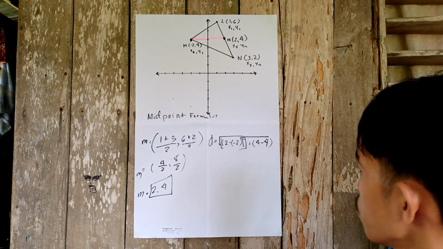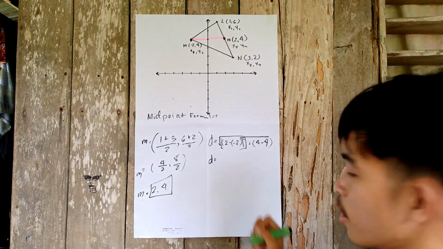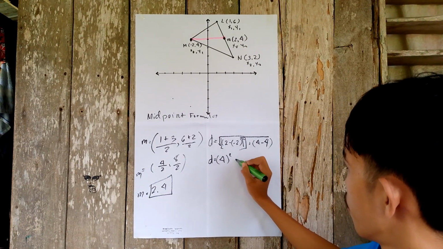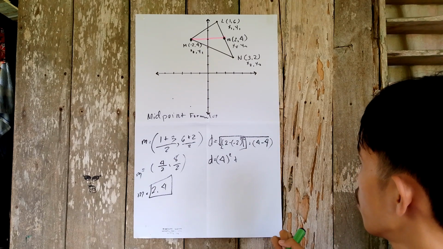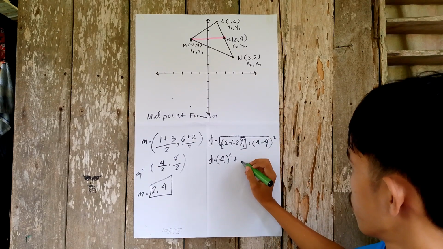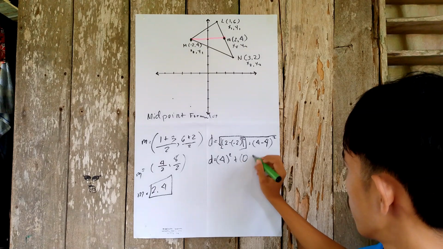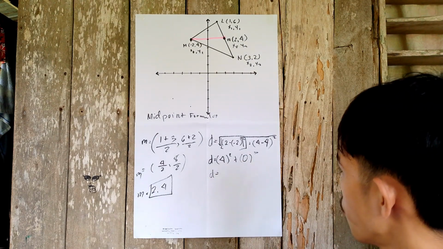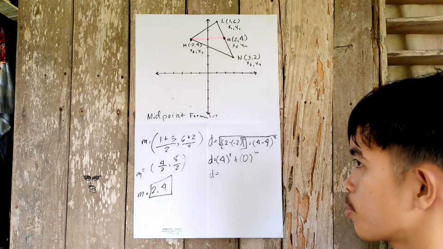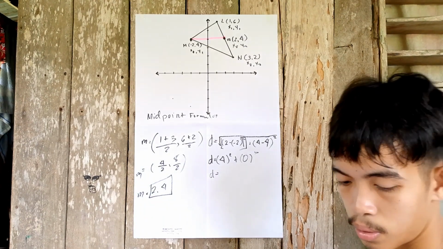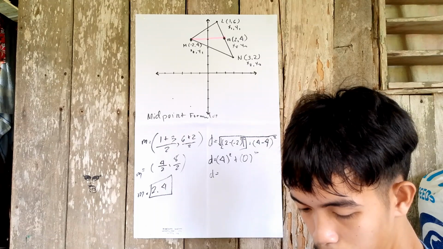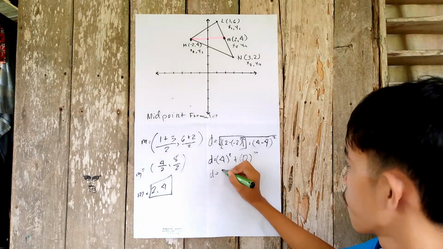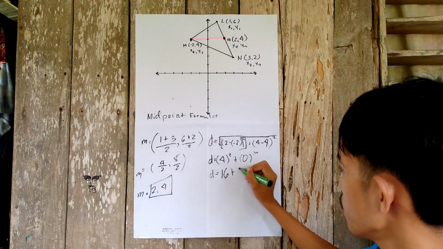So 2 minus negative 2 is equal to positive 4. 4 minus 4 is equal to 0. 4 squared is equal to 4 times 4, which is 16. Plus 0 squared, which is 0.